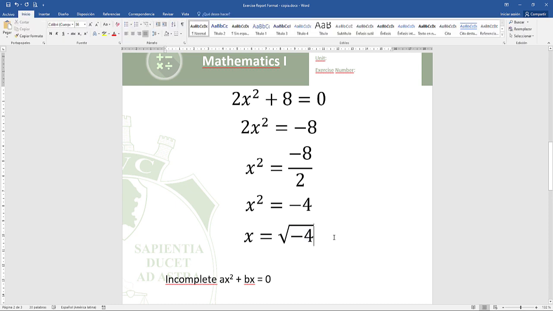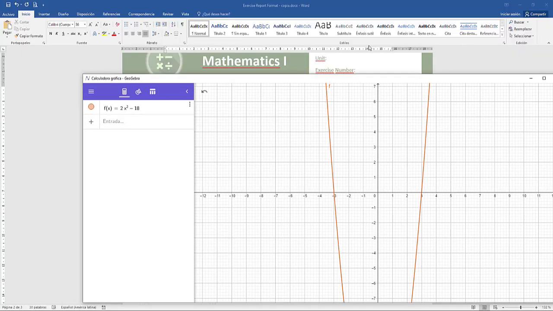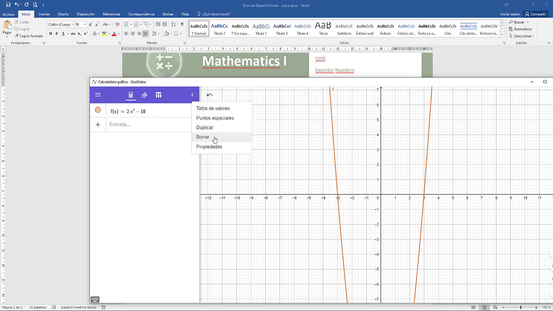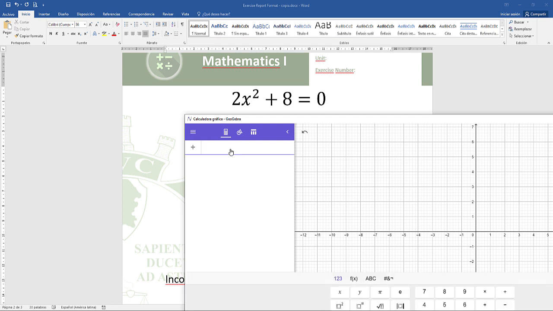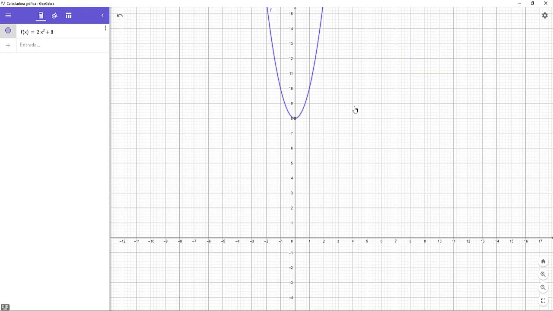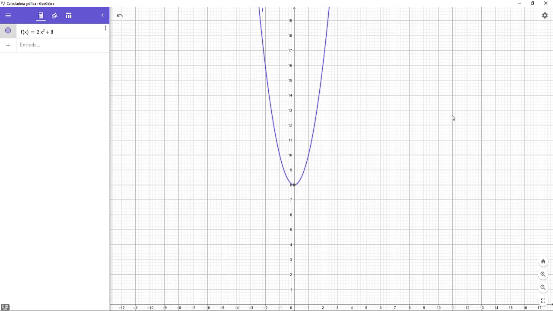What we will do, again, is create that curve, 2x squared plus 8. What happened here? If you check here, that curve doesn't cut the x-axis.